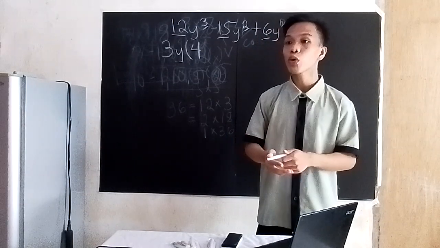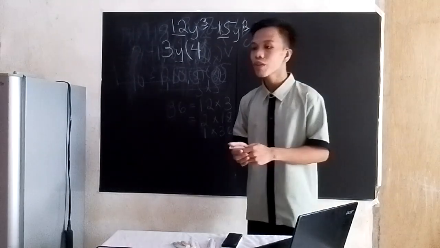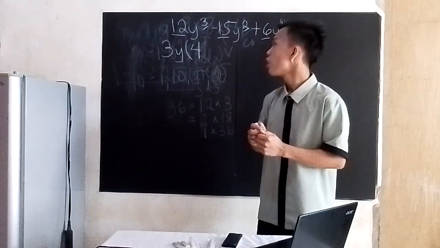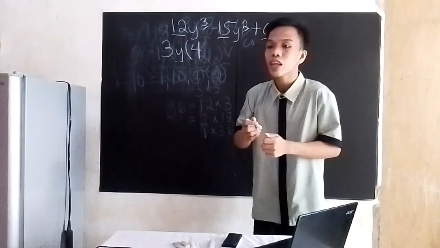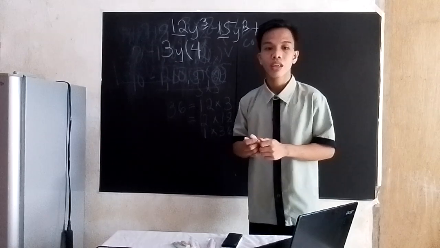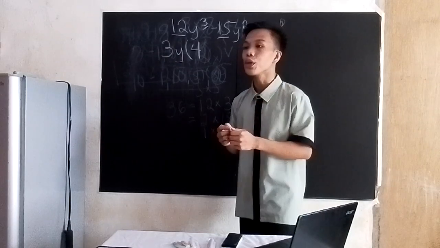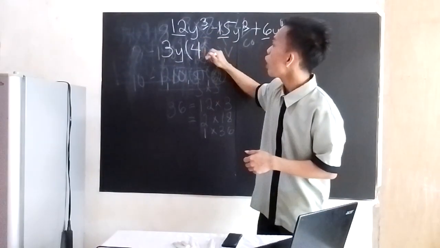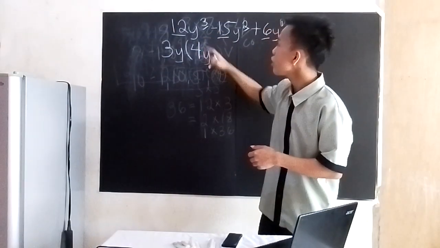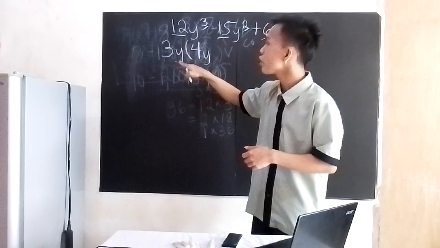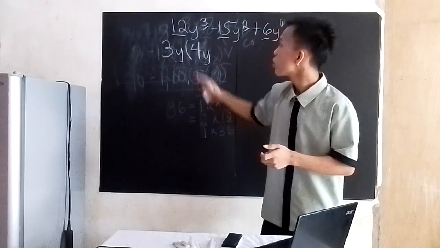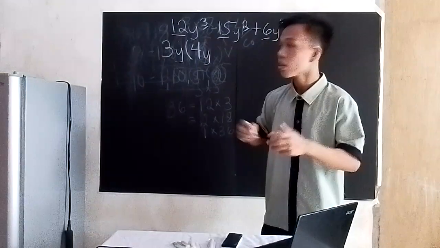Law of exponents. When it is a quotient, what are we going to do with the exponent? That's right, we are going to subtract. So what is 3 minus 1? It is understandable that y has one exponent. So 3 minus 1 is, that's right, 2.